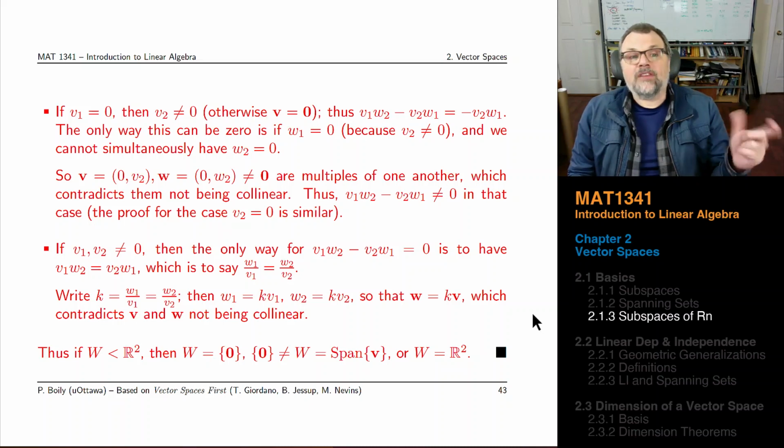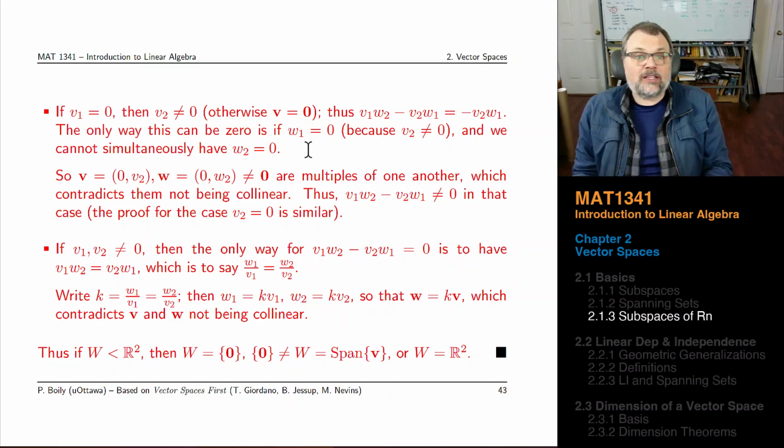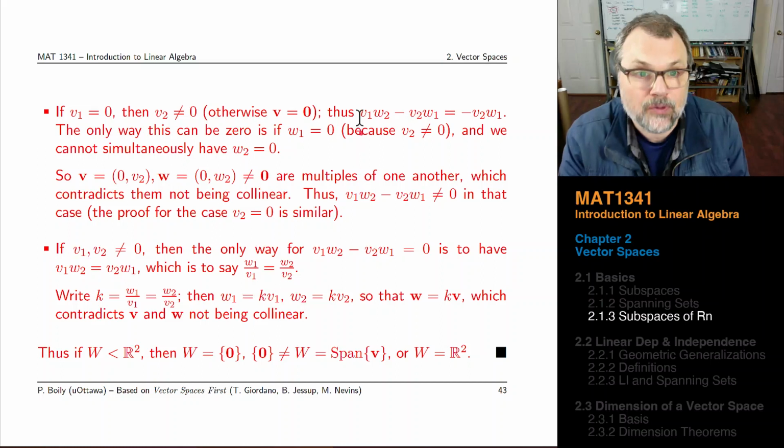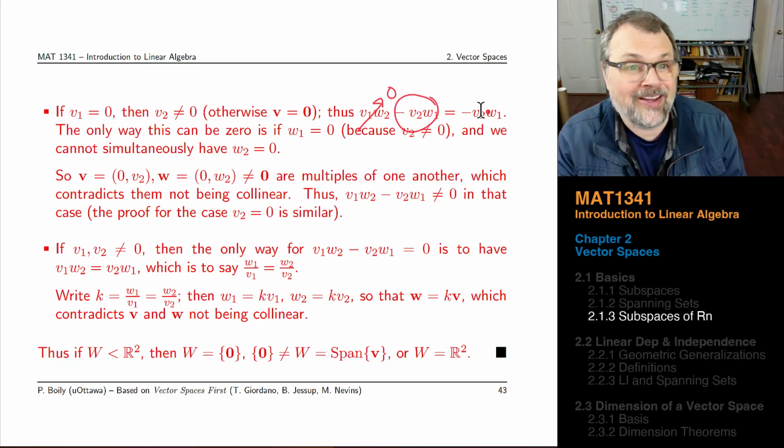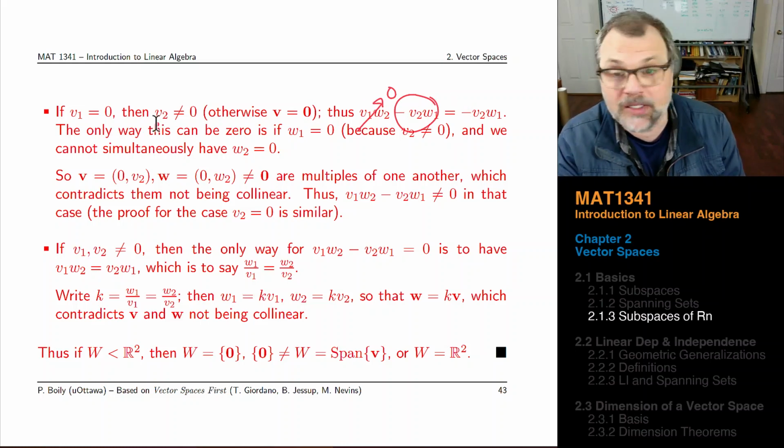So at least one of these has to be different from 0. In that case, when you look at the expression V1W2 minus V2W1, well, that first term would be 0, so that would disappear, right? Because we're assuming here that V1 is 0, and you're just left with this one, so minus V2W1. Now, the only way for this to be 0 would be for W1 to be 0, because we've excluded the possibility that V2 would be equal to 0.